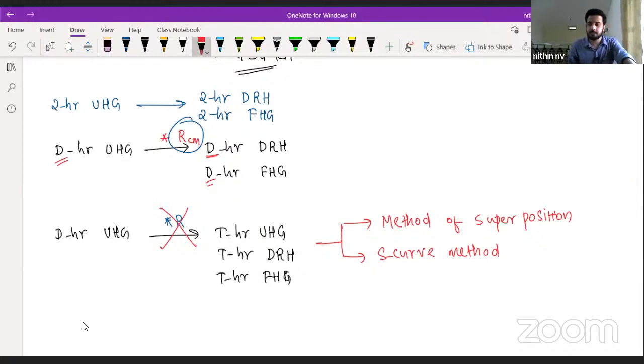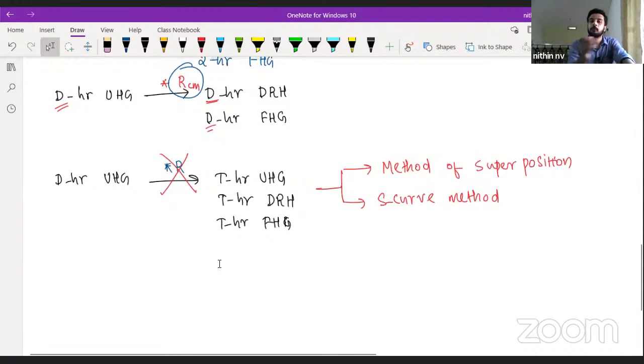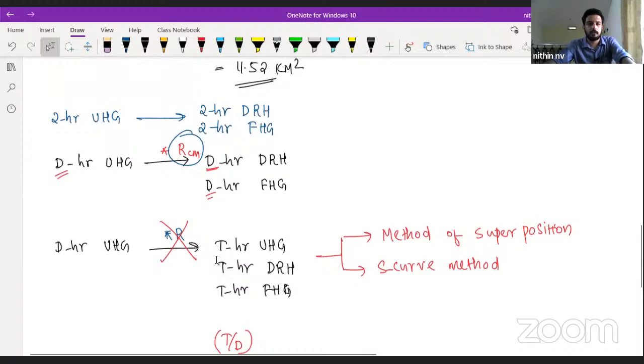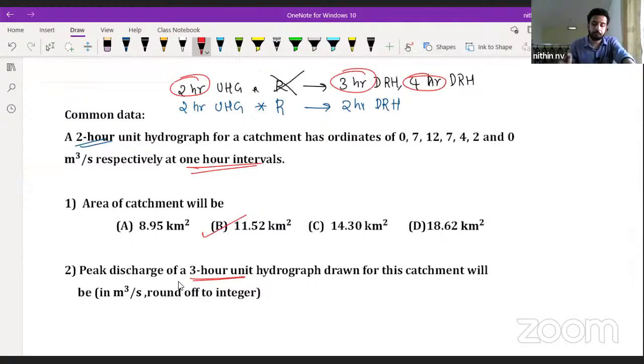How are we going to decide that? Whatever we want is capital T. What we have is D. So we'll take a T by D ratio and check what the T by D ratio is. According to our example, in the data we have a 2 hour, which is D. And what we want to calculate is some ordinate, the peak ordinate of a 3 hour.